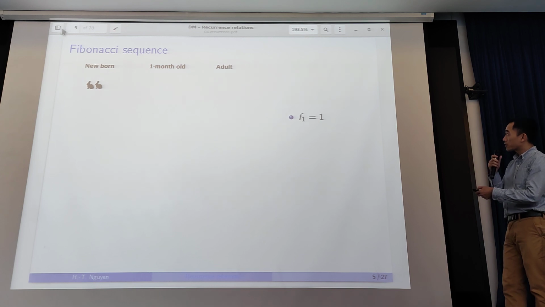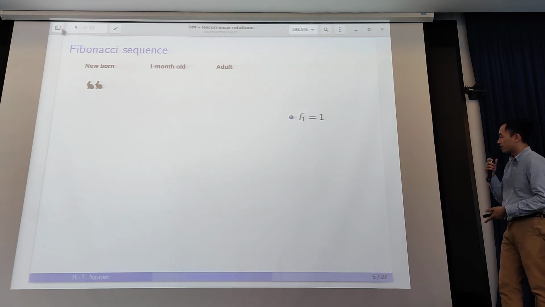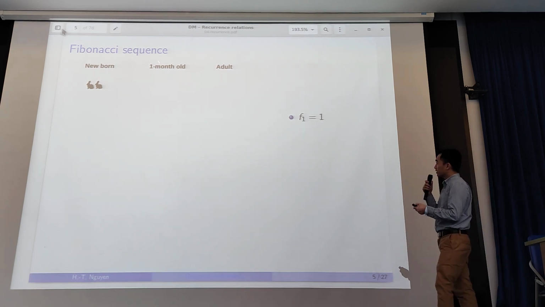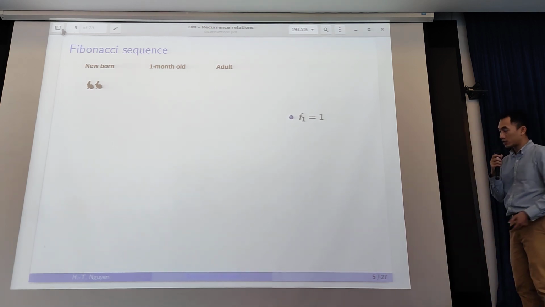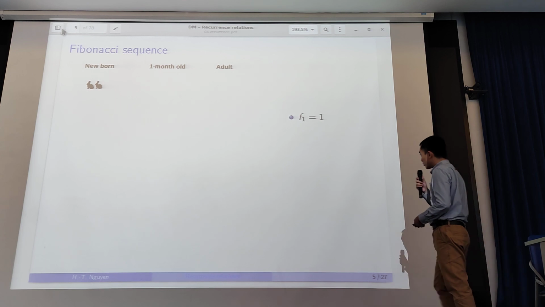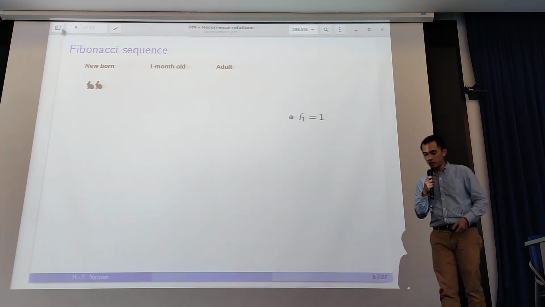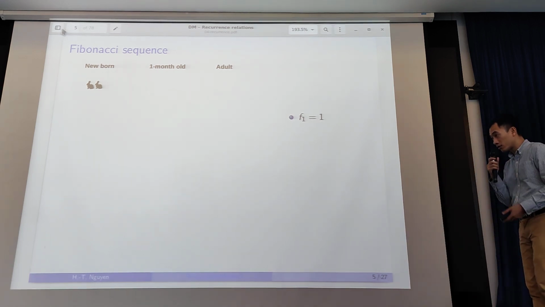The first column corresponds to the newborn rabbits, those that are 0 months old. The middle column corresponds to the rabbits which are 1 month old. They are not newborn, but they are not ready to reproduce. And finally, the right column corresponds to the rabbits that are ready to reproduce.